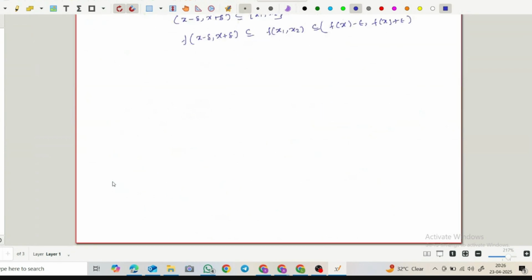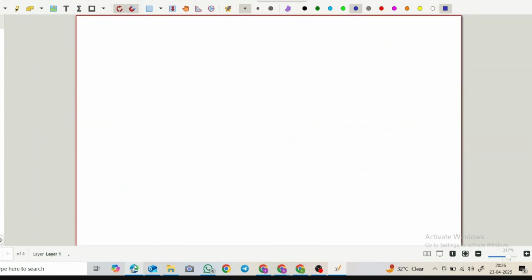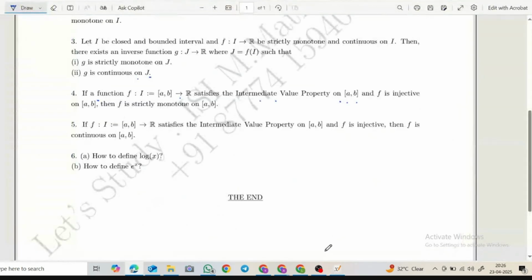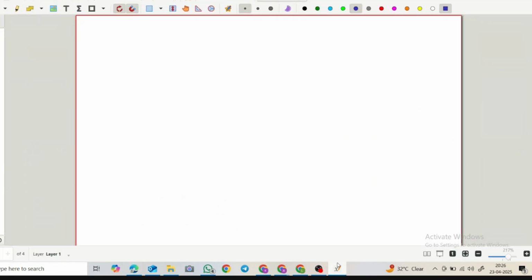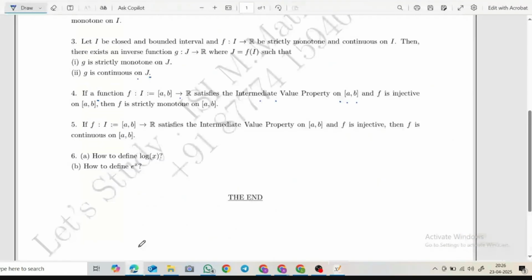Okay. So that brings me to the final part of our discussion. Question 6. How do you define log x? Is the question clear? First tell me that.